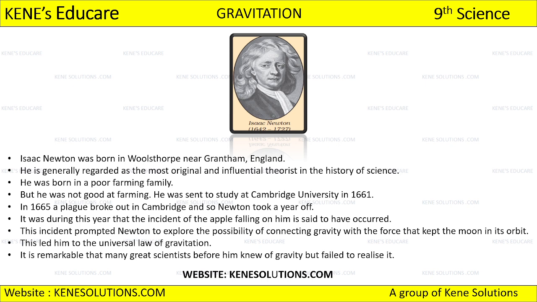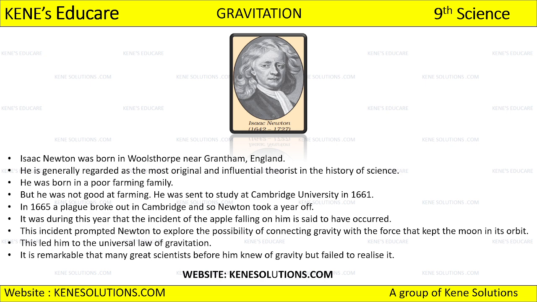So he went to study at Cambridge University in 1661, and then in 1665 a plague broke out in Cambridge. Because of that, Newton had to take a year off, and he did not waste that year. During that year, an apple fell on his head, the story of how the gravitational force came into existence, how he got the idea.